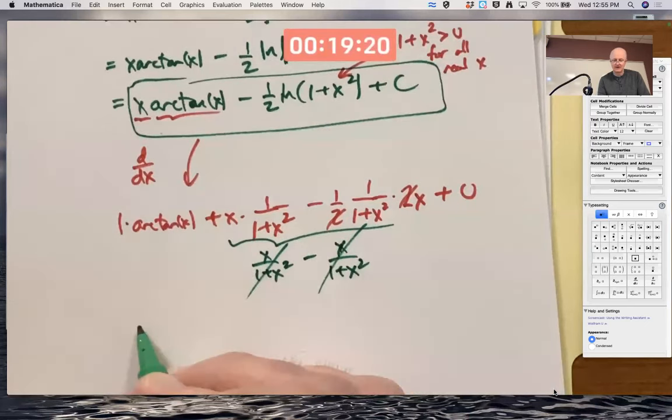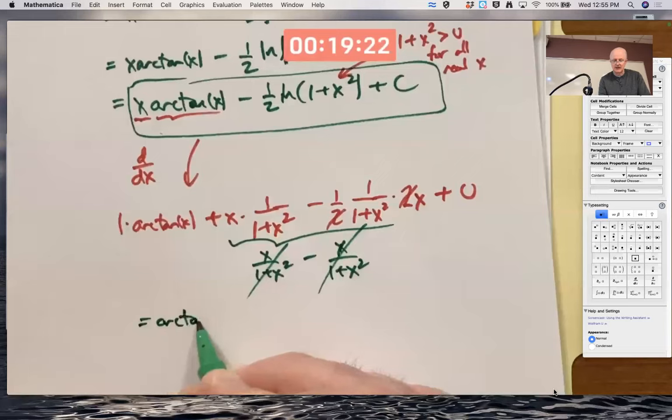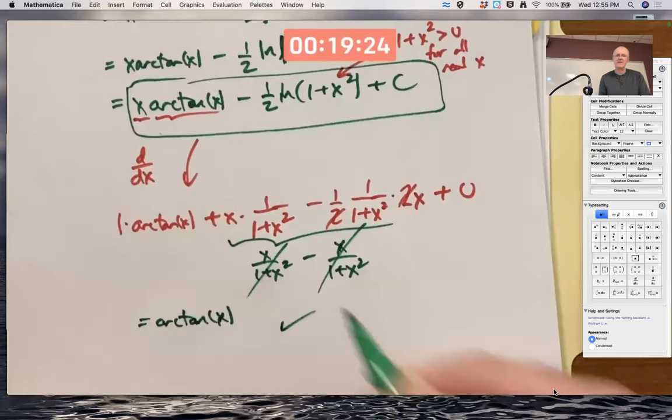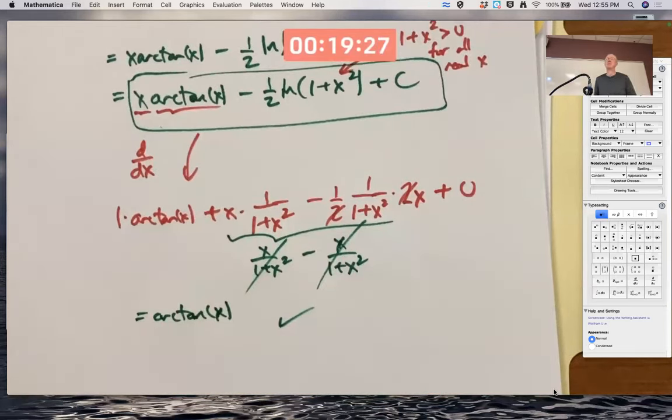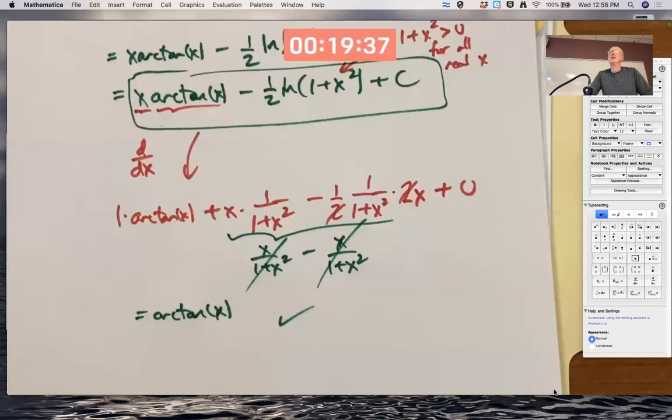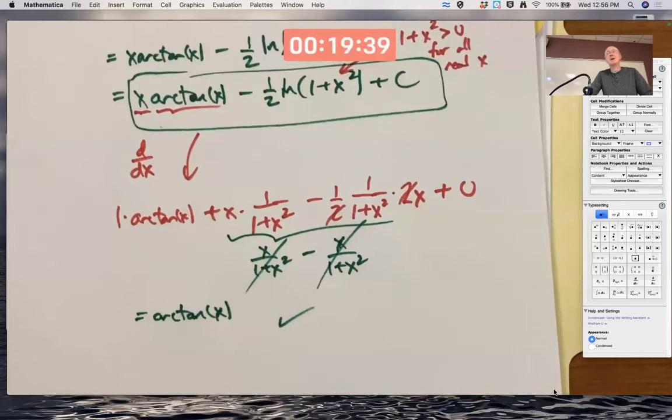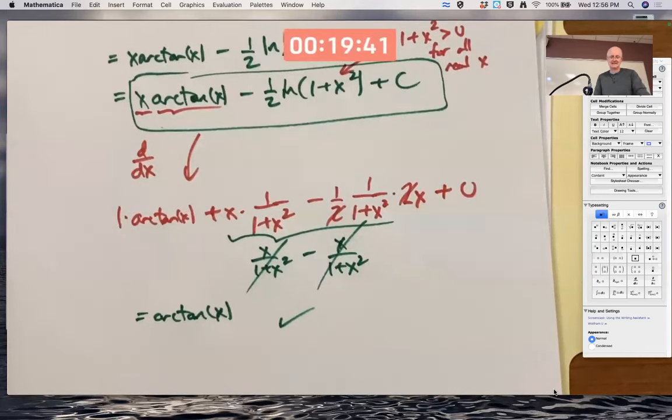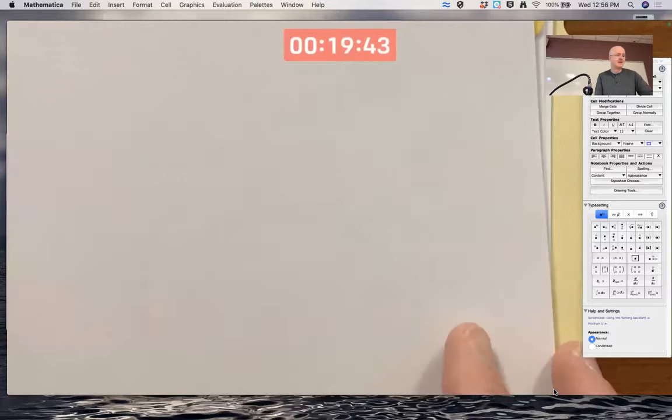And you're left with arctangent of x. It checks. Cancellation had to happen if we're going to get something simpler at the end. Sometimes you've got to use integration by parts more than once in the same problem, is what I mean.